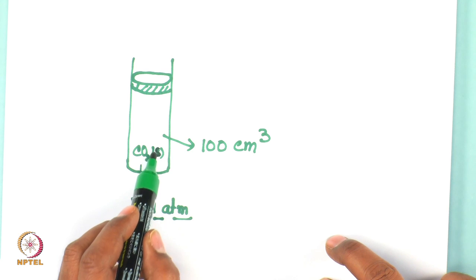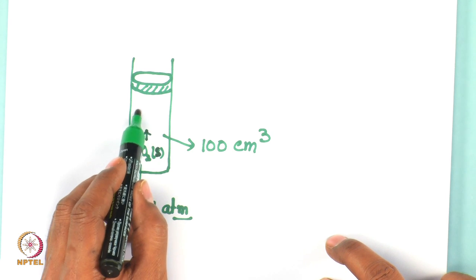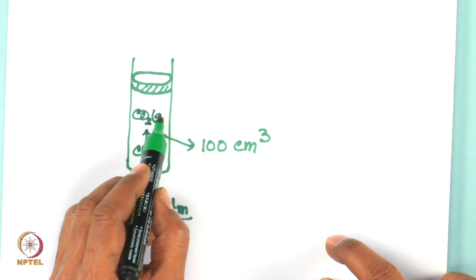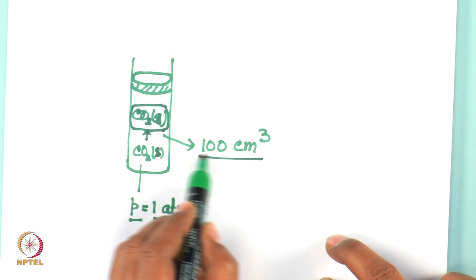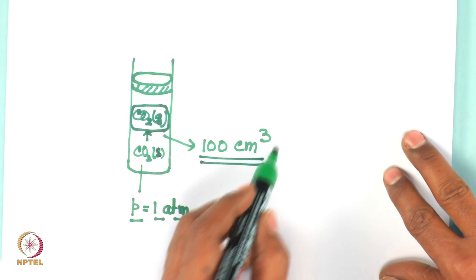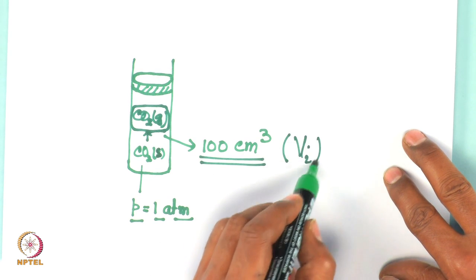In order to have liquid carbon dioxide, you need a pressure of minimum 5.11 bar. So, therefore, at 1 bar and 20 degrees centigrade, immediately carbon dioxide solid will convert to carbon dioxide gas. So, essentially what you can treat, that you have carbon dioxide with an initial volume of 100 centimeter cube. So, I can treat this as initial volume.